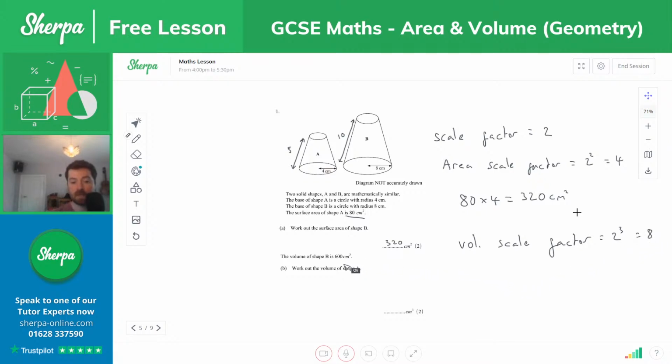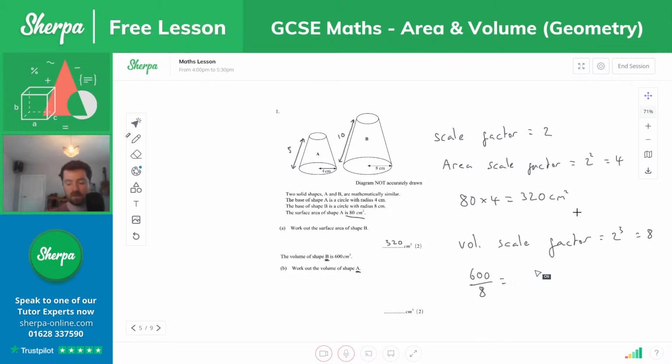We have to be careful though, because we're told the volume of shape B, and we want to work out the volume of shape A. So we're actually going back in the reverse direction. So we're going to take our volume of shape B and divide it by 8, and that will give us the volume of shape A. So we'll do 600 over 8.